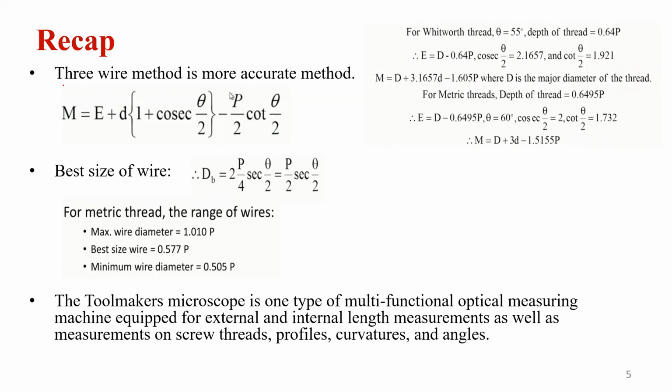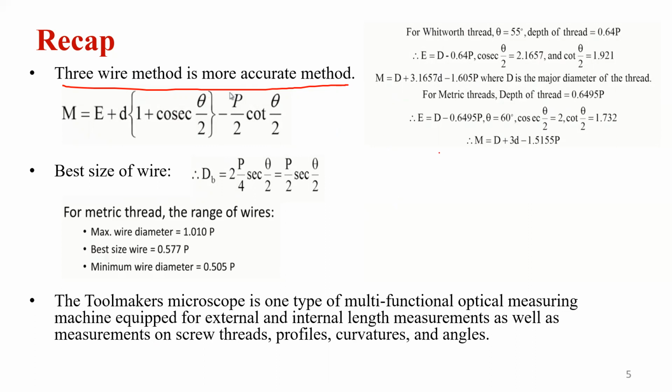And then we discussed the 3-wire method. This one is a more accurate method compared to the 1-wire and 2-wire methods. We have limitations in the 1-wire and 2-wire methods, so in order to overcome them, we use the 3-wire method. What is the limitation of the 1-wire method?